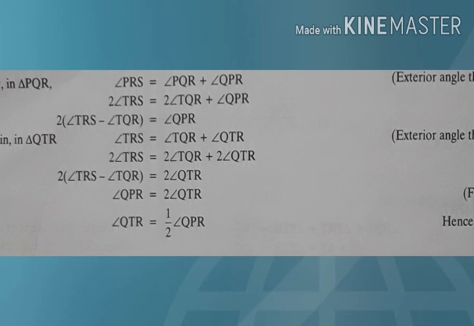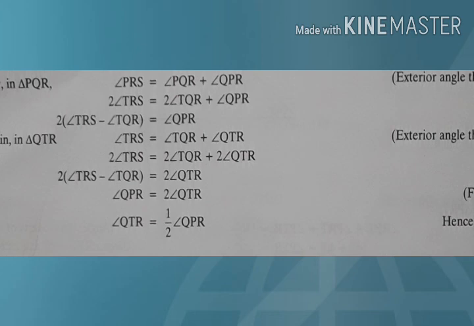Okay. So here we can write twice angle TRS equals twice angle TQR plus angle QPR, because we already got angle PQR equals twice TQR and angle PRS equals twice angle TRS, and we substitute that here.